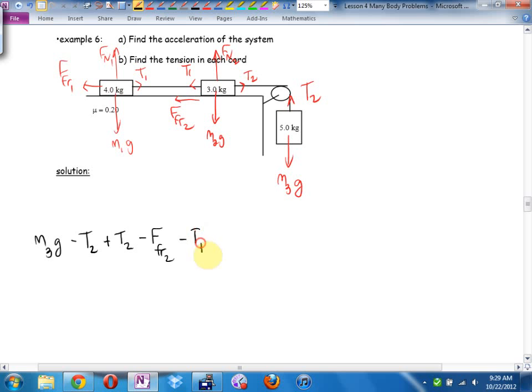I run into a negative tension 1. I run into a positive tension 1. I run into a negative force of friction 1. And I could have written mass of all, or M1 plus M2 plus M3. I'm doing both to show you, pick whichever one you like better.